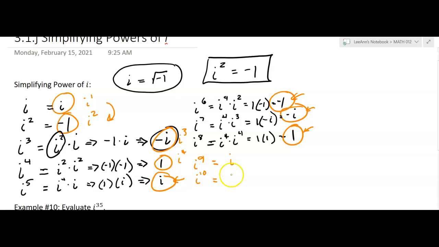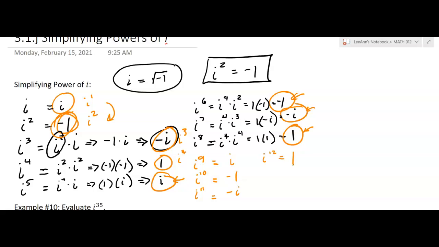Yes, it's -1. I don't know why I have the i squared circled there; I have the -1 circled. Okay. So i to the 11th, that would be -i. And then i to the 12th, that would be 1. And it's just going to keep going through that cycle. It's cyclic.